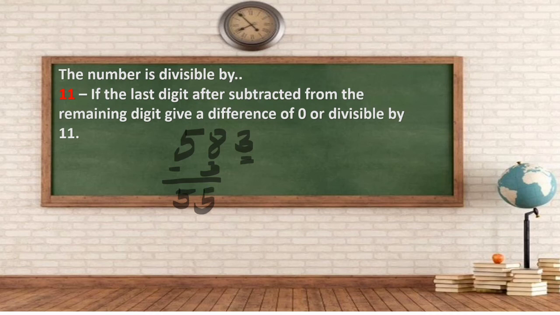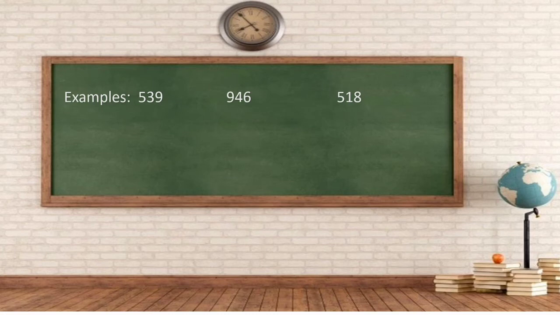Okay, more example. 539. Okay, let us subtract the last digit. Last digit is 9. 53 minus 9. This is 44. 44 is divisible by 11. So 539 is divisible by 11.